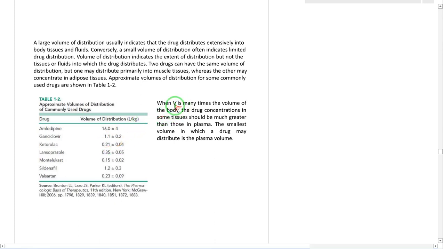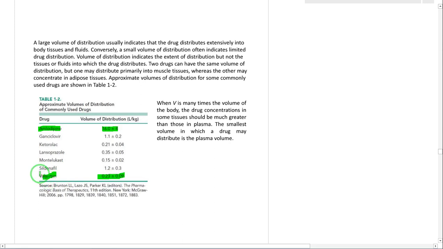As you see here, for example, for amlodipine, I hope that I have pronounced this name correctly, the volume of distribution is much higher compared to the valsartan drug, which is going to be distributed in a lower volume in the body.